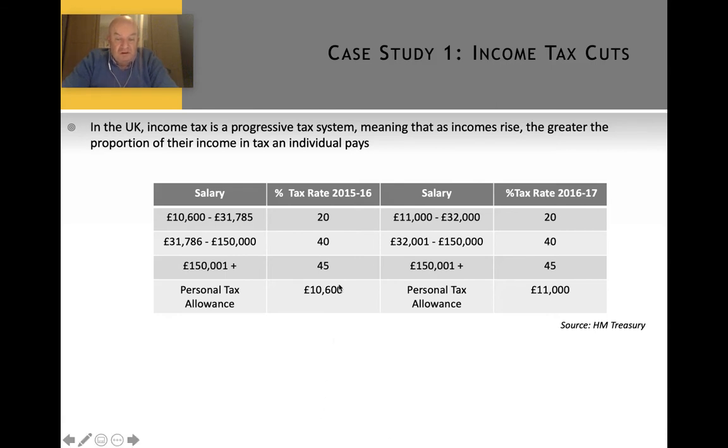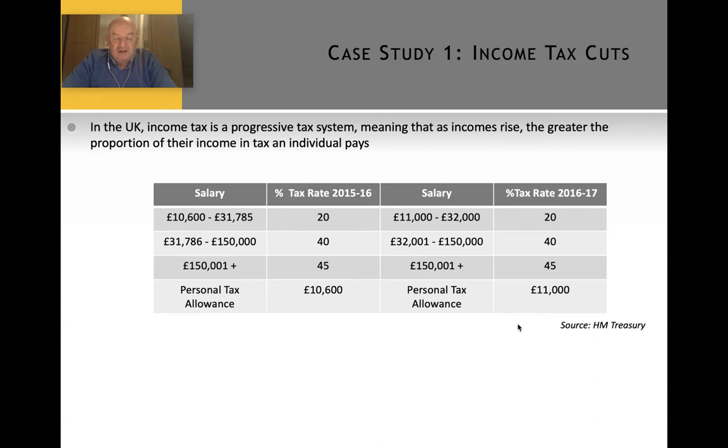So you can see that we've got different rates of tax at different levels of salary, and obviously we've also got this personal tax allowance, which is basically the amount of money that individuals can earn without having to pay any tax in the first instance. These are changing consistently.